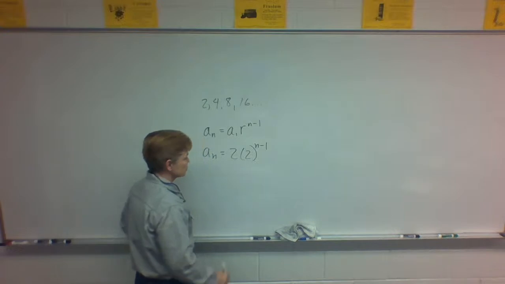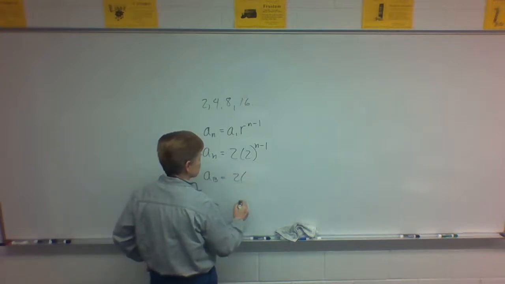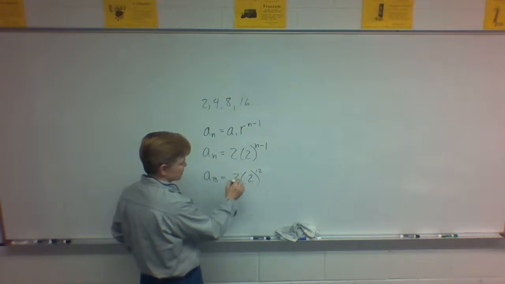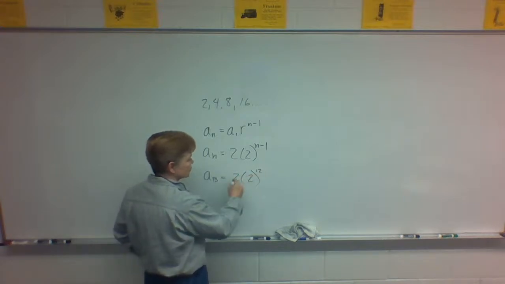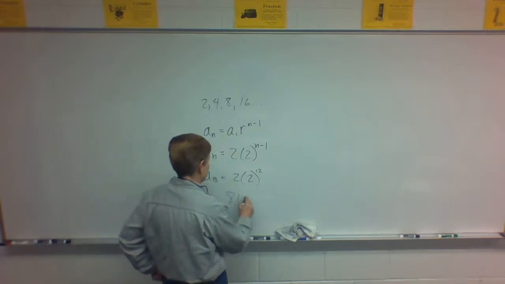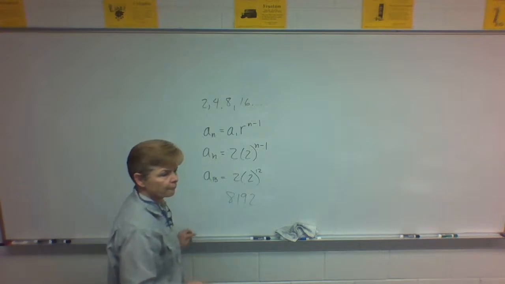There's your nth term. What is the 13th one? We just put 2 in there, so n minus 1 is 12: 2 times 2 to the 12. Yeah, so it's really 2 to the 13th because these have to be the same. But if this were 3 here, you would take 2 to the 12 times 3. 8,000, so 8192. There's your sample. Okay?